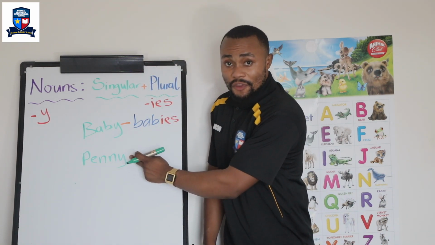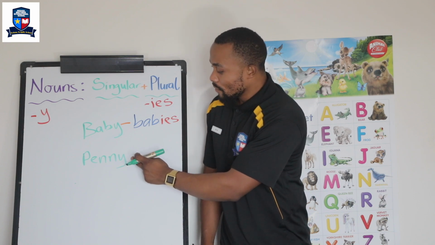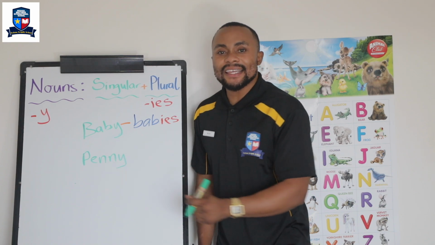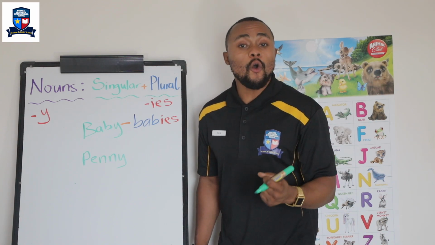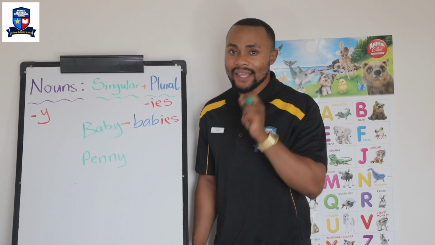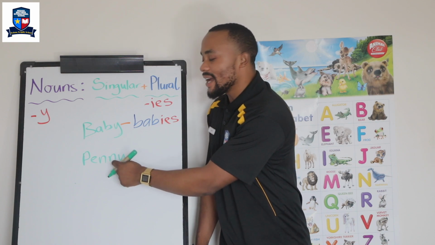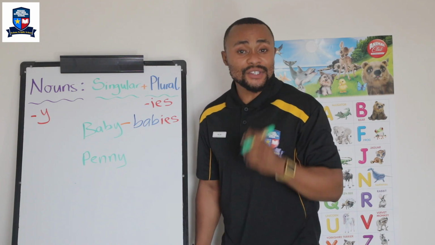All right, let's look at this word here. It ends with Y, yes, okay? But what about this letter here? Is it a consonant, the second last letter, or a vowel? Can you guess? Yes, well done. It is a consonant.